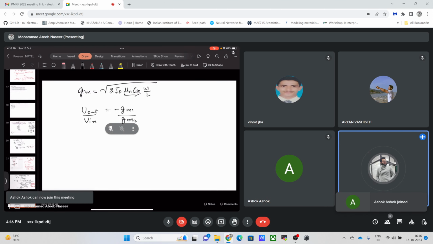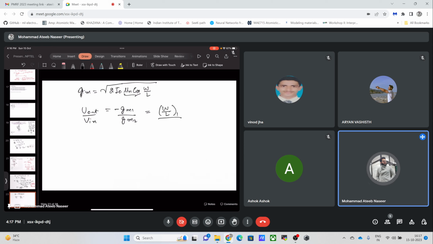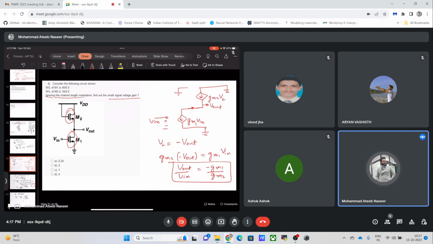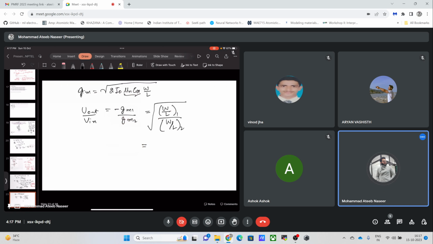Okay, so it is minus gm1, so it will be W by L of 1 divided by W by L of 2, with both under the square root, which is 40 by 0.5 divided by 10 by 0.5.